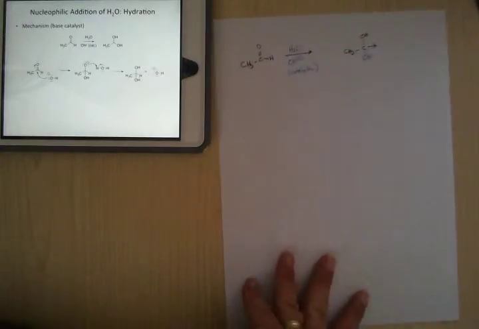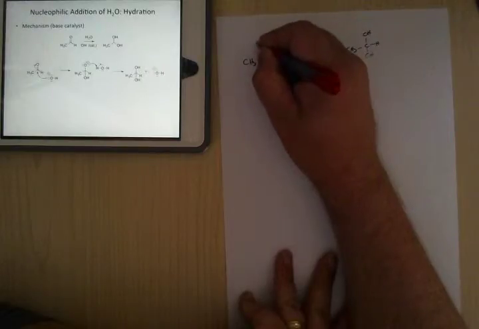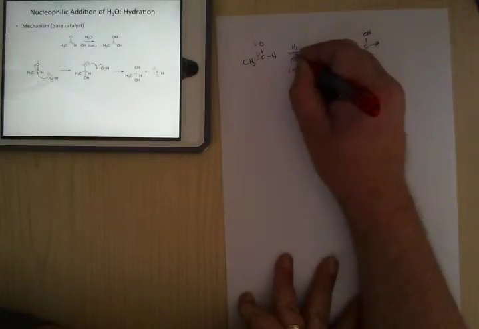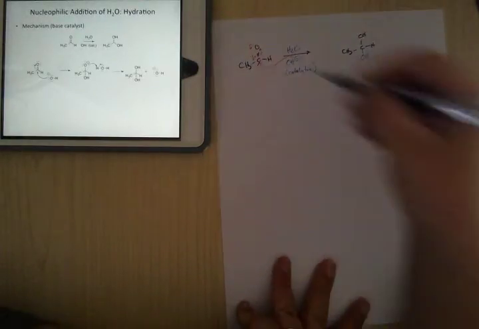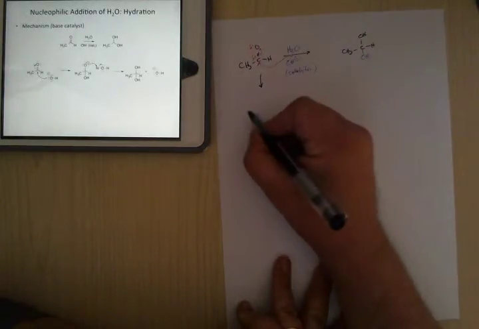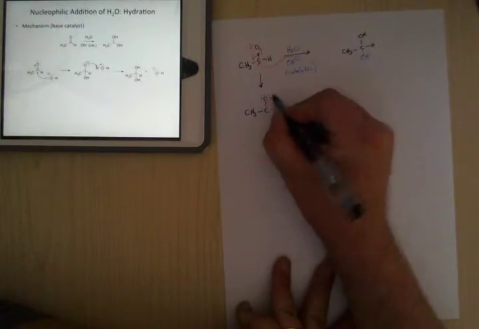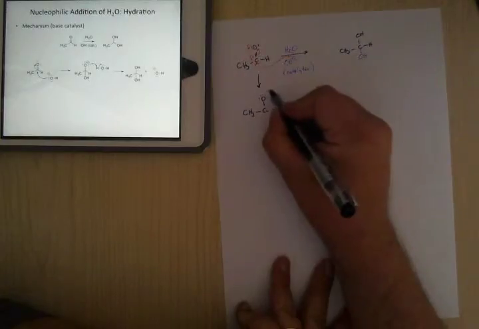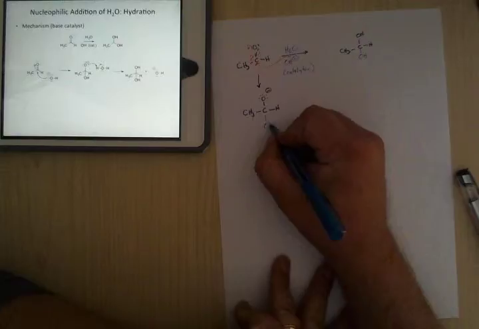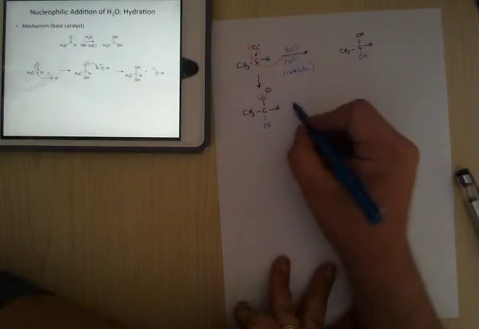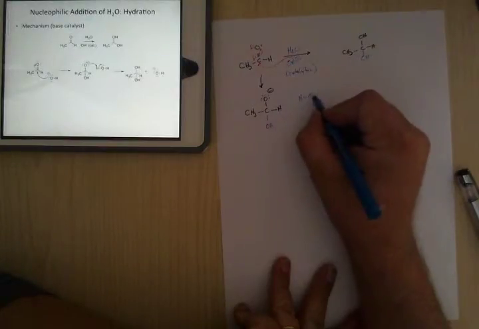Okay, so here the mechanism, it turns out, is this, right? Because we have partial positive, partial negative, it's actually the base that comes in and attacks it and pushes that up. So you end up with the tetrahedral intermediate. I should put the lone pairs up here for the mechanism, right? But here we go, here's the OH. Now here, remember, it's best to think of this water as HOH, right?